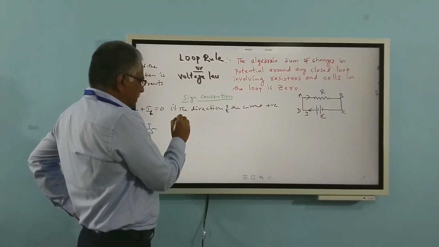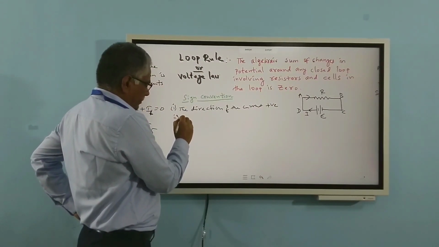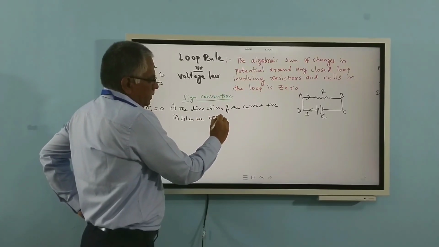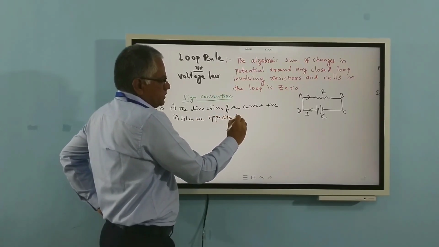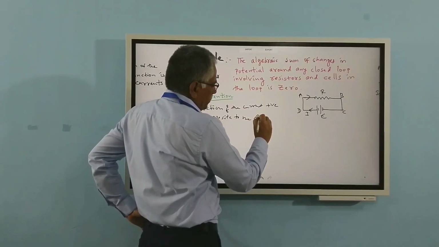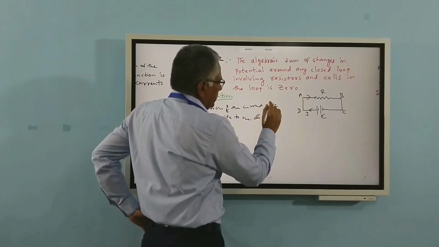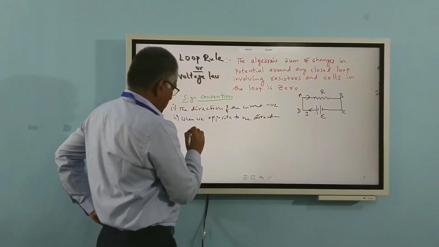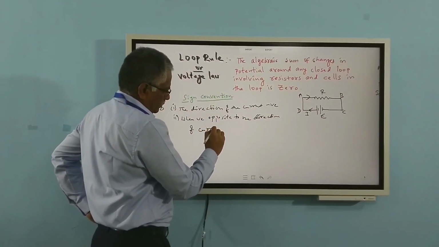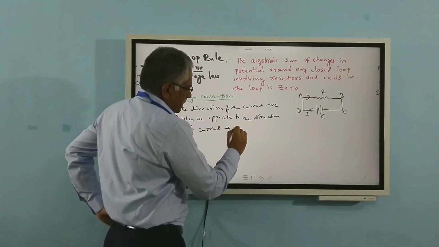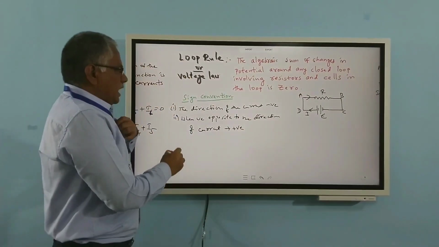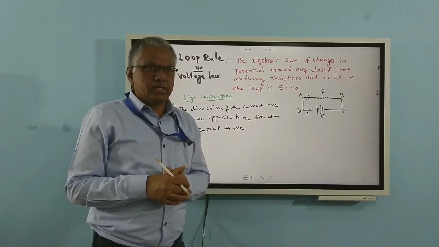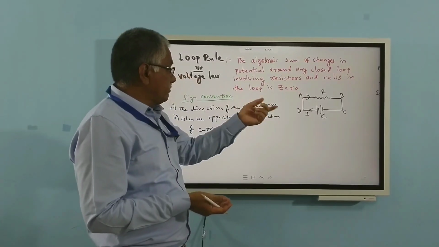When we move opposite to the direction of the current, it is positive. Here, whether we take the clockwise direction or the anti-clockwise direction, it depends. However we want, we can take it like that.